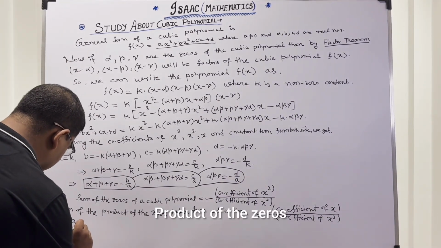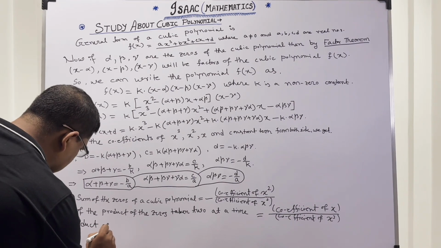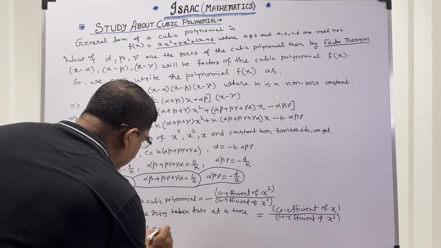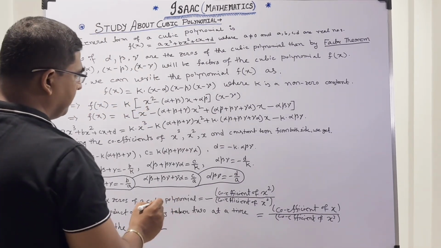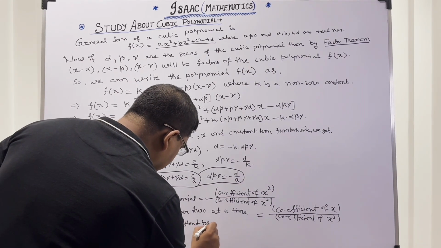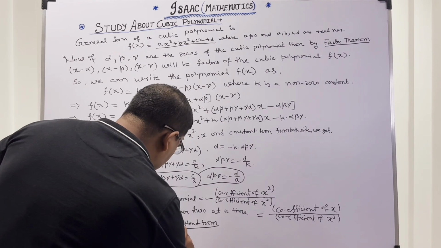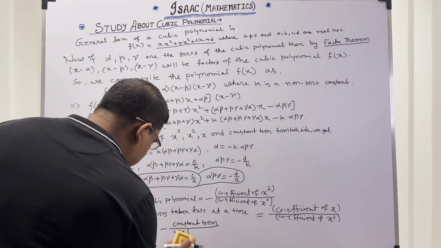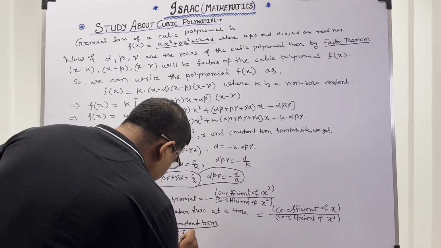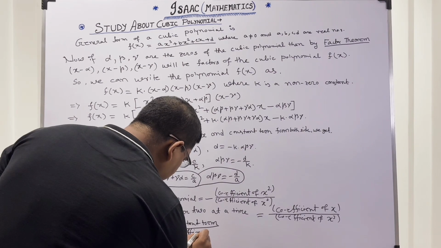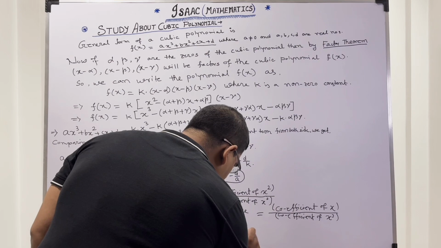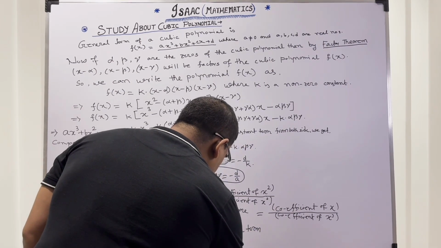Product of the zeros equals to negative of constant term by coefficient of cubic term.